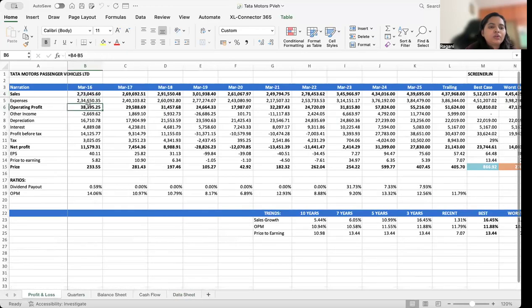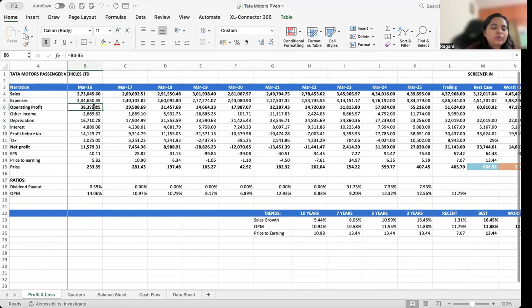First, I'm going to talk about the operating profit, how to calculate operating profit. I took the data from the data sheet, calculated expenses, and then I calculated operating profit.